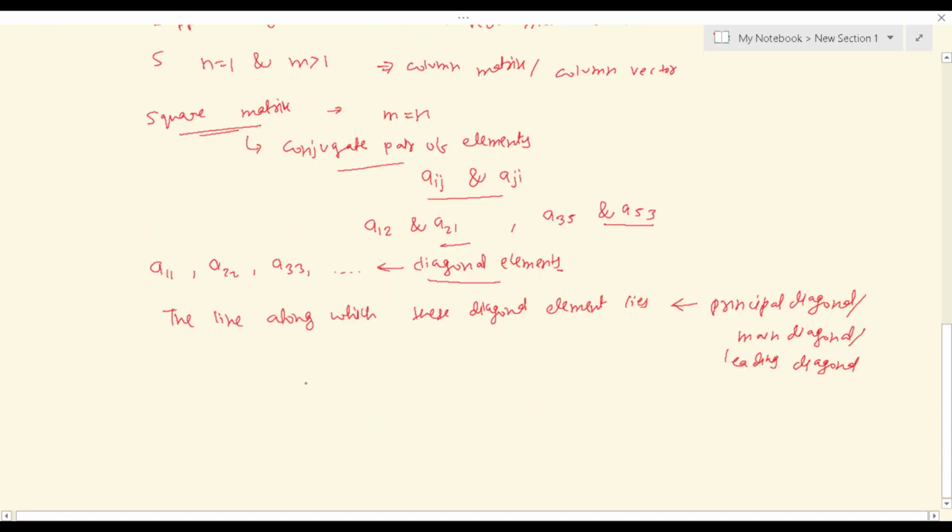I am talking about this line. Here lie A11, A22, A33 and so on, and here lie other elements A12, A13 like this, and here lie A21, A31, this. So this line is our main diagonal, and this and this, these are diagonal elements. Okay.